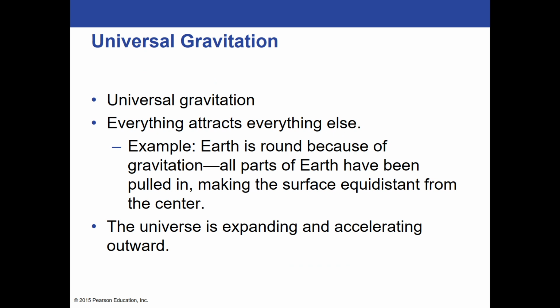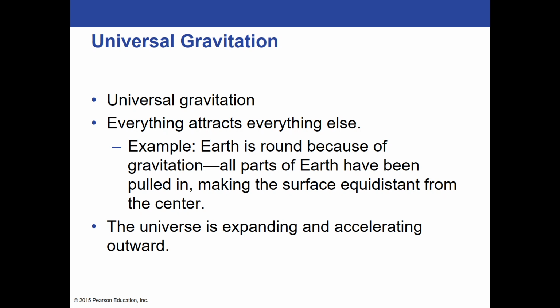So, universal gravitation. Everything attracts everything else. Earth is round because of gravitation. All parts of Earth have been pulled in, making a surface equidistant from the center. It's not exact; there is rotation causing it to bulge outward. And the universe is expanding and accelerating outward.